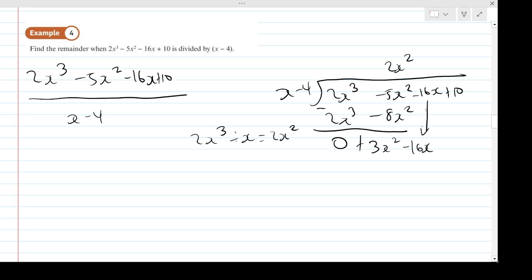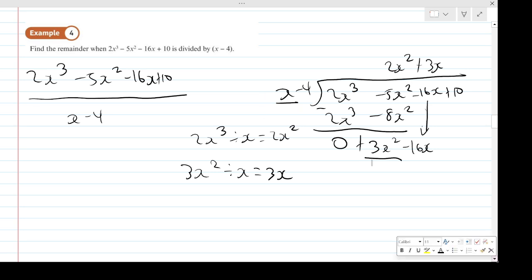So now the next highest term in here is 3x squared. And 3x squared divided by the x there is 3x. Okay, so then we're going to write plus 3x up there. And that's what we're going to be using to times by everything outside. Because then we're going to get 3x squared again.